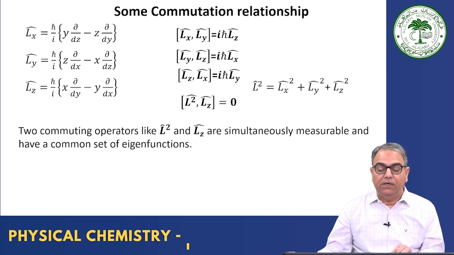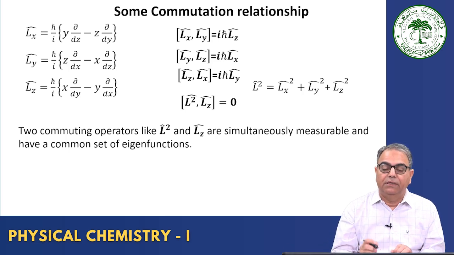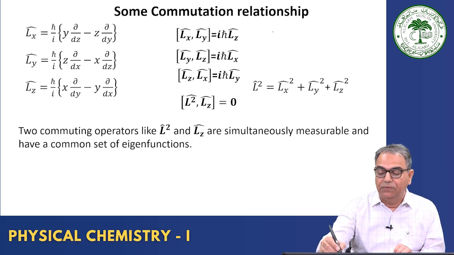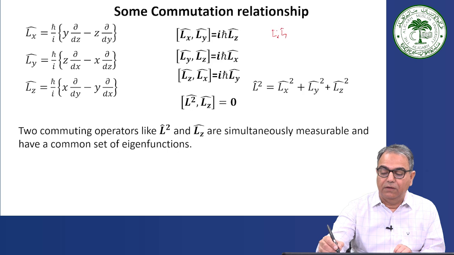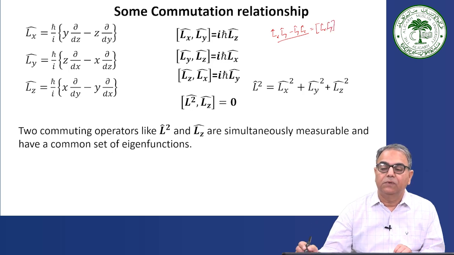These are something about the angular momentum: the Lx component, Ly component, Lz component, and then these are commutators. The commutator of Lx and Ly means if you write Lx Ly minus Ly Lx, this is actually, if you remember, because we did our commutators earlier, the commutator of Lx and Ly.